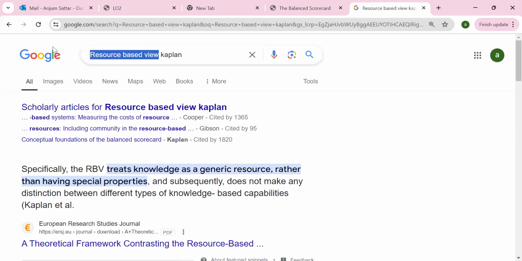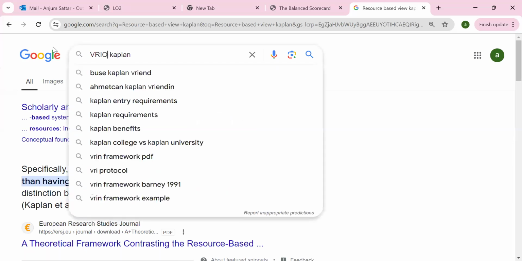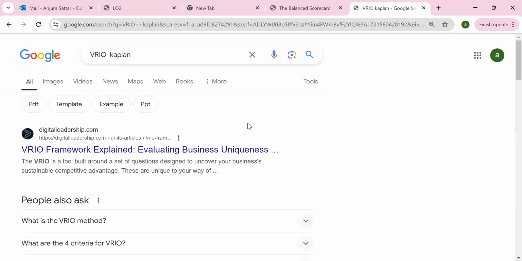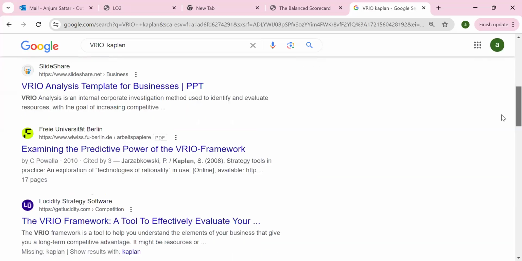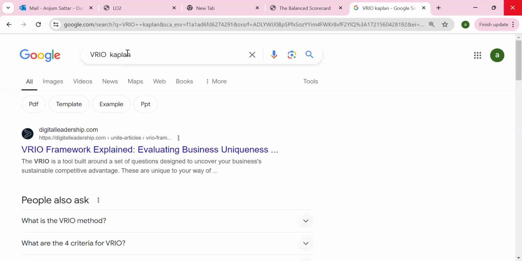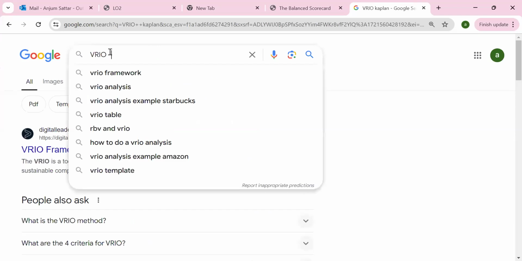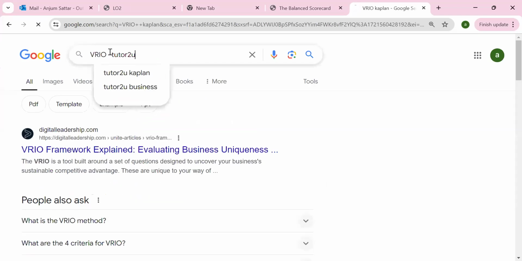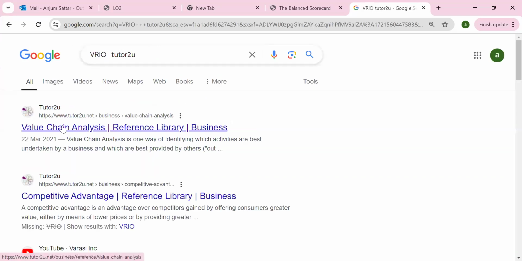The other is the VRIO model, so the VRIO framework. That can be found on various other websites if you want to use it. Yes, so that's the value chain, competitive. Okay, guys, other than that, I will upload. There are quite good strategic management tools to use for business analysis.